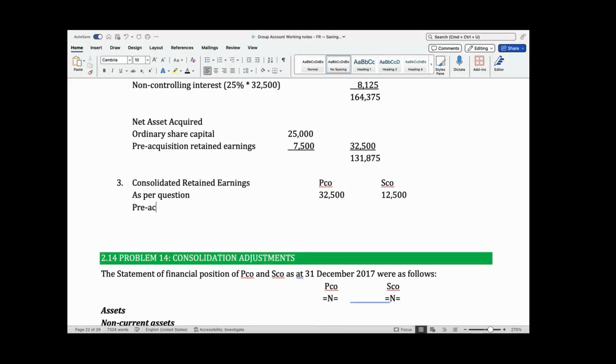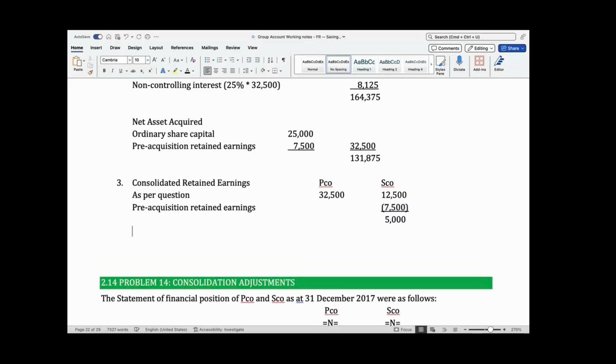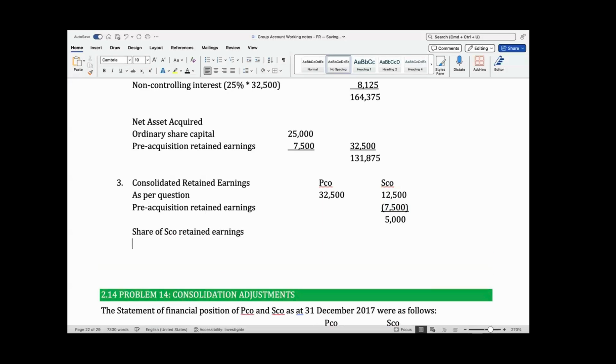You remove pre-acquisition retained earnings, which is 75. I'm left with the post-acquisition, which is 5,000. So share of ESCO retained earnings is 75% times 5,000, which is 3,000 something.